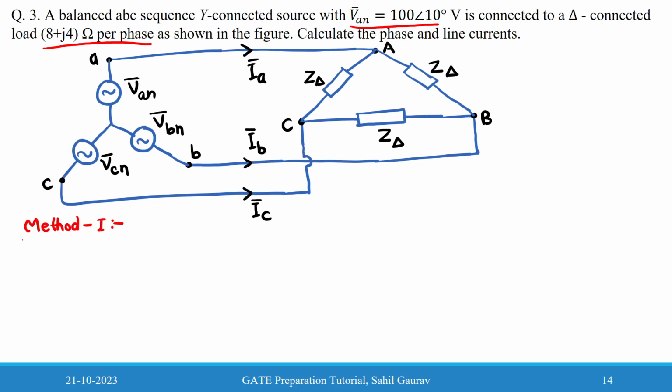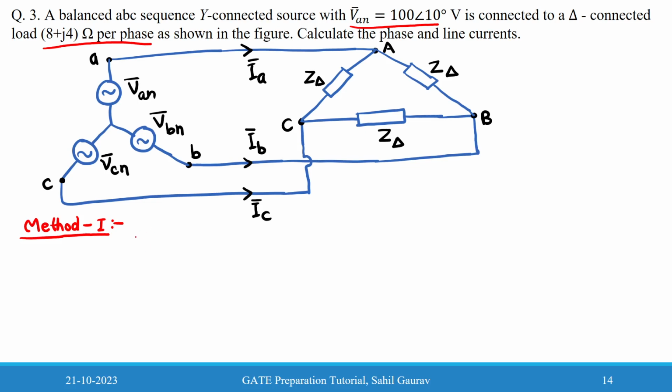So if you apply the conventional method, just going through KCL and KVL in three phase system, we are going to solve in that way, and after that we will solve using the per phase analysis.